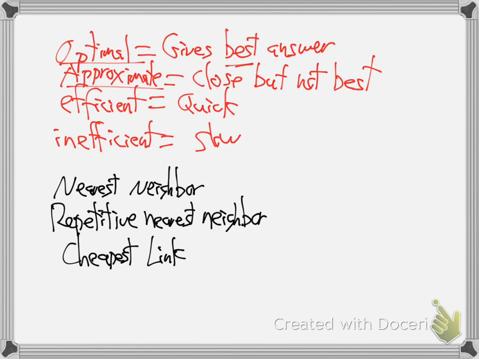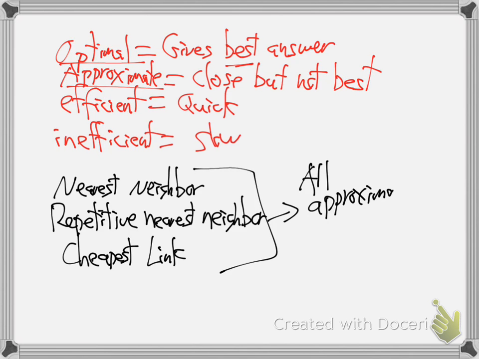All of those methods are approximate, meaning they're not optimal. They do not guarantee to give you the best answer. That's what I was saying earlier, so you can't just guess. You could do them, get a pretty good answer, even cheapest link, and there's some other better answer out there that they couldn't find. Those methods are not optimal.